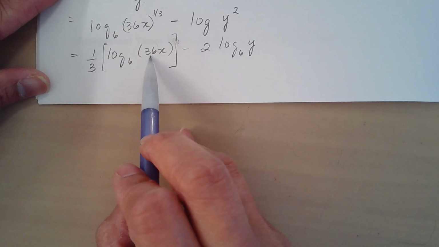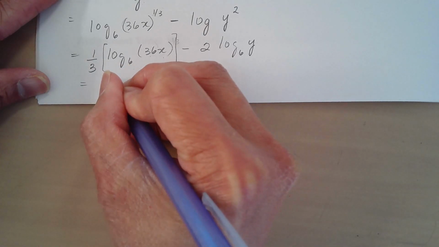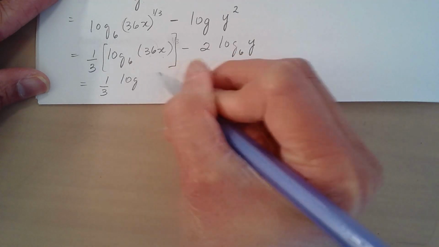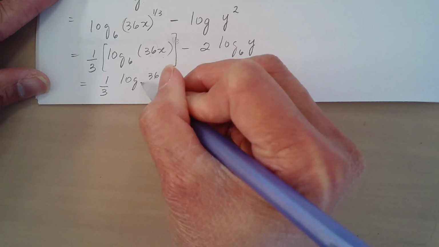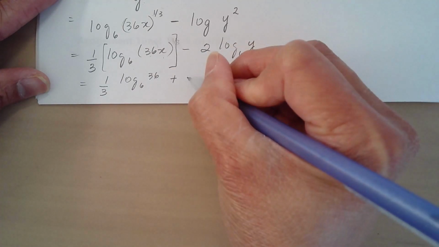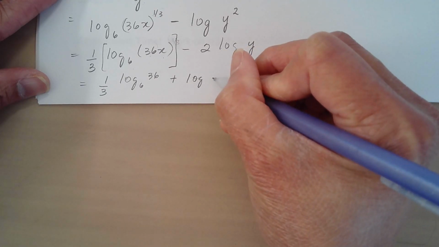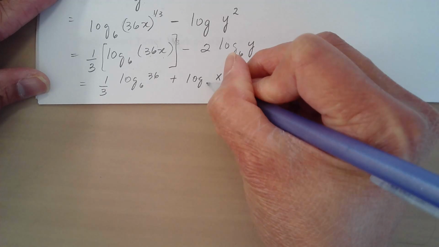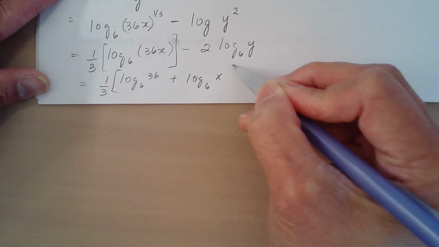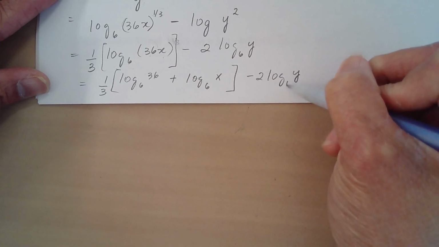Yeah, we could, because 36 times x, so we can say it's going to be 1/3 log 36 base 6 plus log x base 6 minus 2 log y base 6.